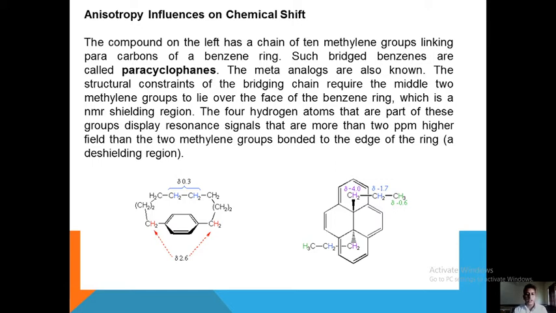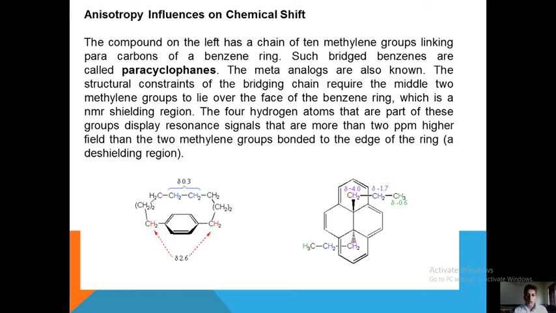The 14 pi electron bridged annulene on the right is an aromatic which obeys the 4n plus 2 rule, and it has the same anisotropy as benzene. Nuclei located over the face of the ring are the shielded ones.